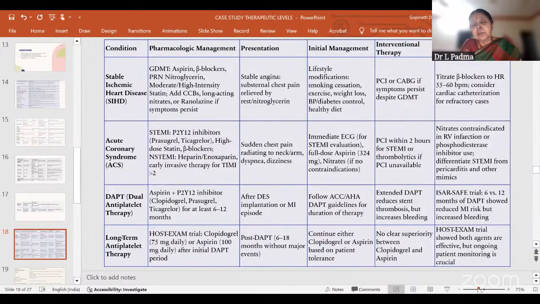Otherwise, either clopidogrel or aspirin is sufficient. More than aspirin, clopidogrel is better, because when the patient is taking aspirin on a regular basis and lifelong, there is 5 ml of blood loss every day. So these might be the problems. So clopidogrel might be better, but we have to think about neutropenia in this case.